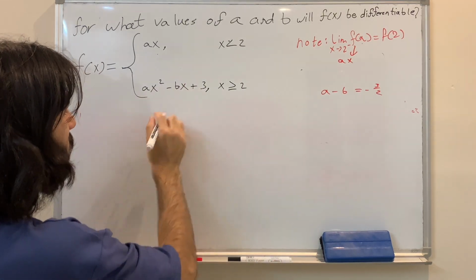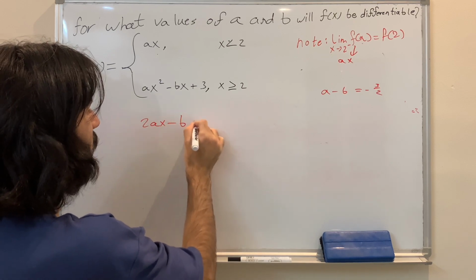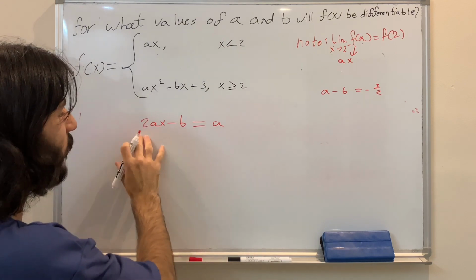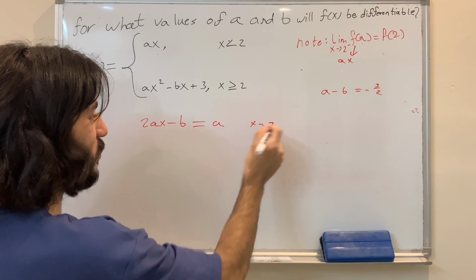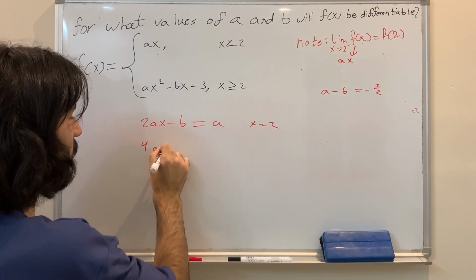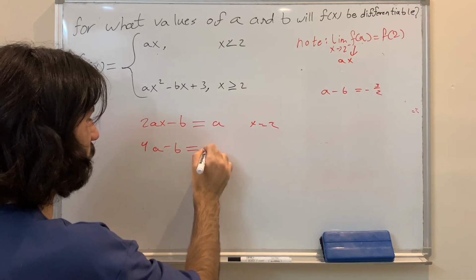So the derivative of this is just 2ax minus b, equal to the derivative of this, which is a. Now we plug in x equals 2. When we plug in that, we're going to get 4a minus b equals a.